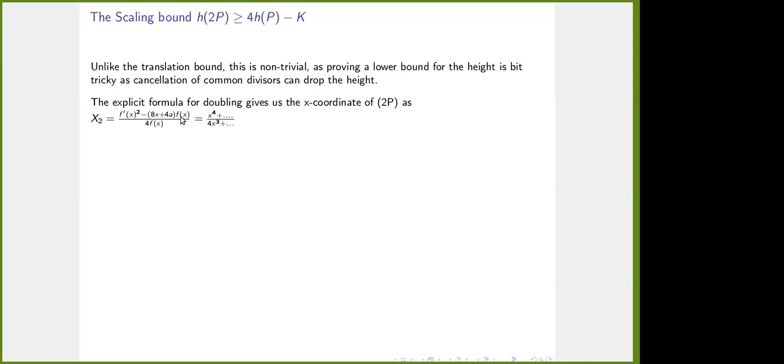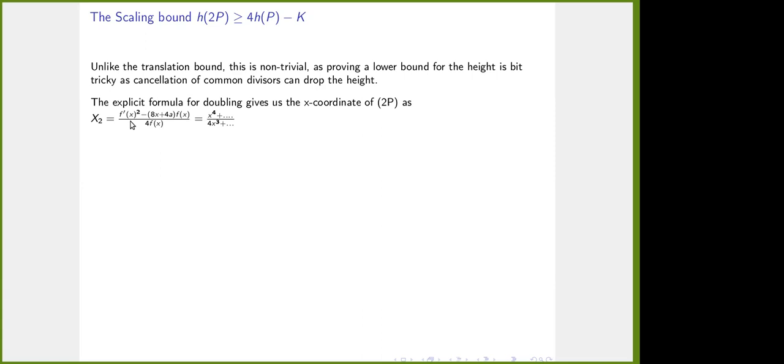Remember that f(x) is the f(x) which appears in y² = f(x), which defines the elliptic curve. The elliptic curve is non-singular precisely when f doesn't have a repeated root, which is the same as saying that f and f' are relatively prime.